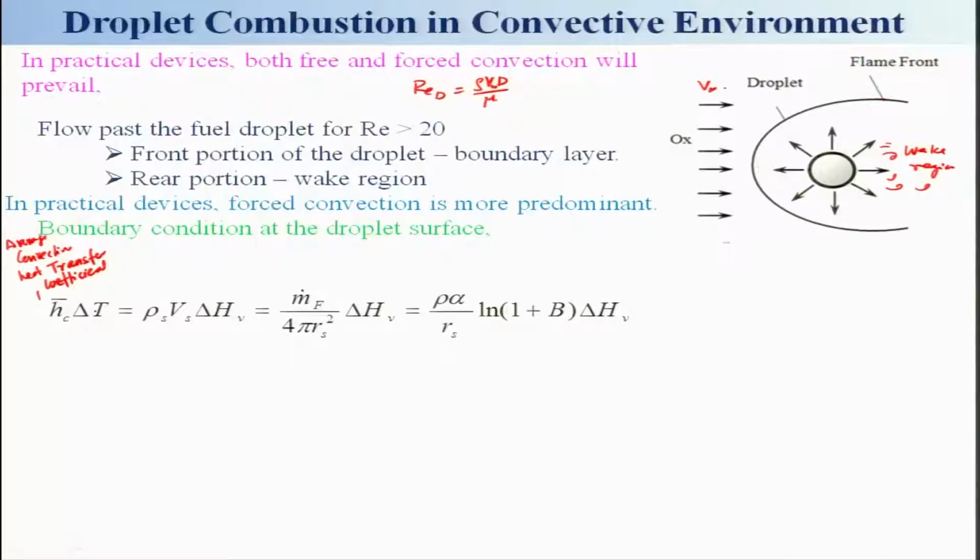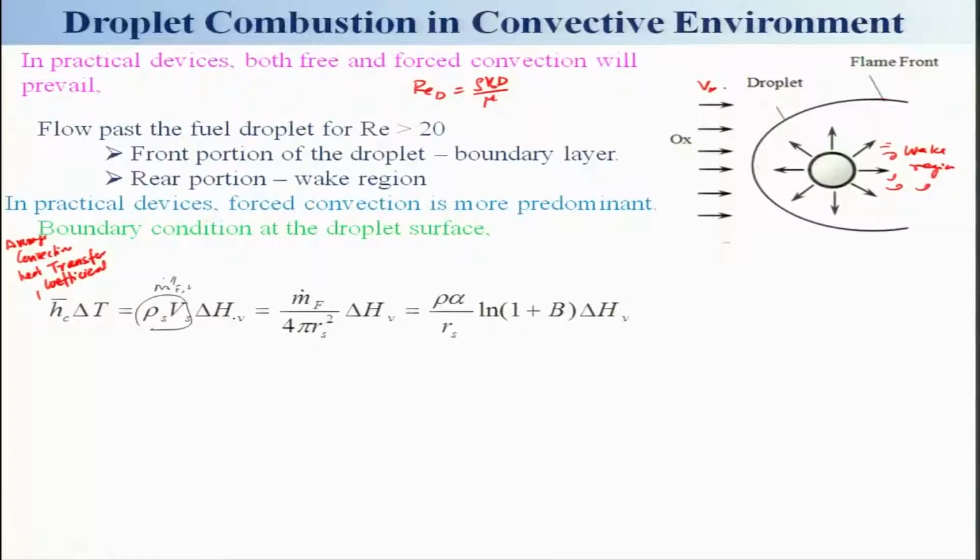If you look at this term, it is equal to the mass flux at the surface, which is nothing but m dot f at the surface into delta Hb, the heat of vaporization.